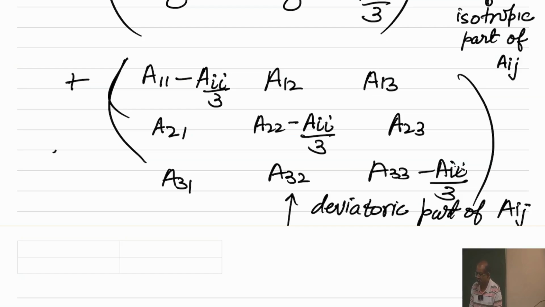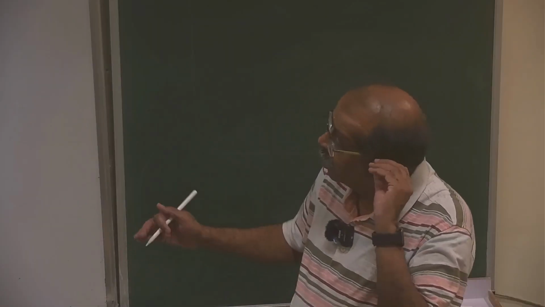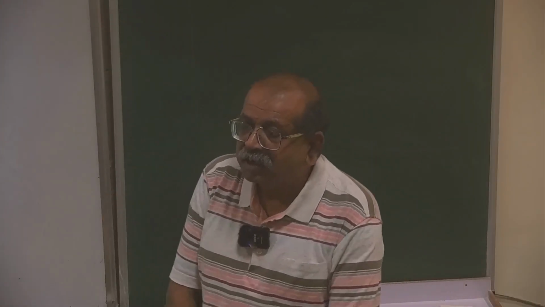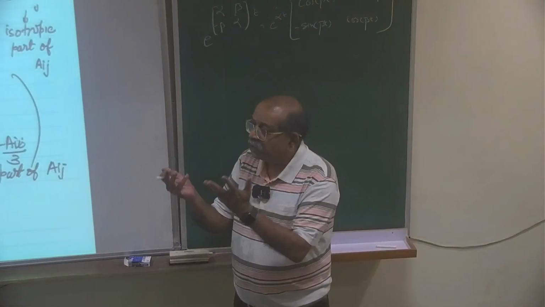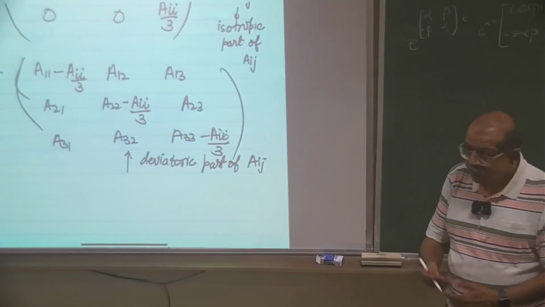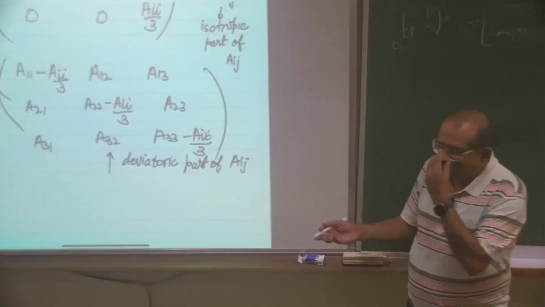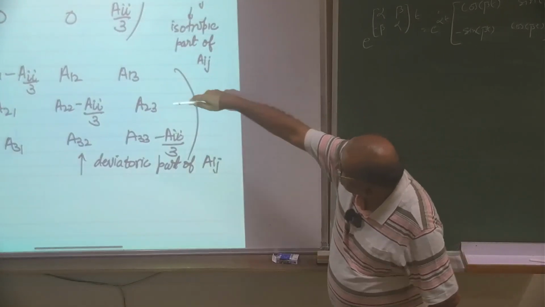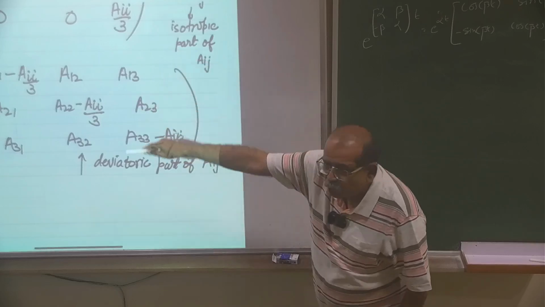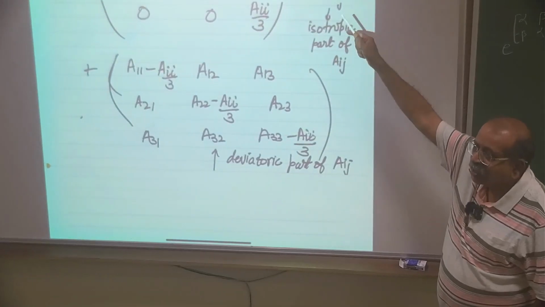6 or 9? 6 is if it is symmetric. If it is general, then there will be 9. Now, when I split it into two parts, how many independent components should I totally get? Again 9 only. But now here we have 9 components and AKK by 3.